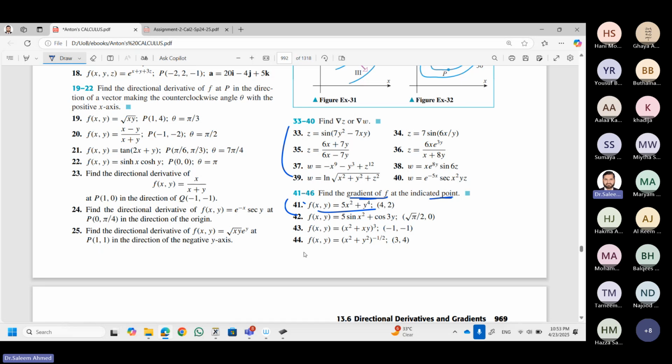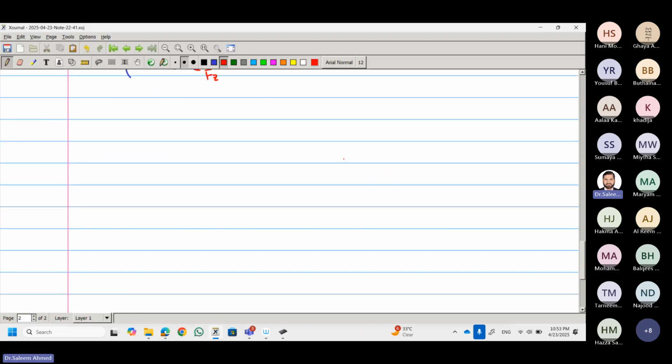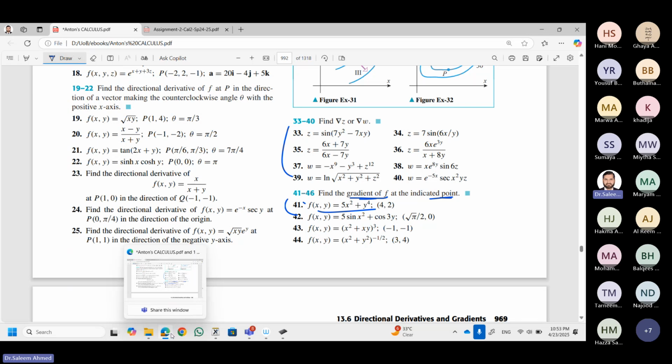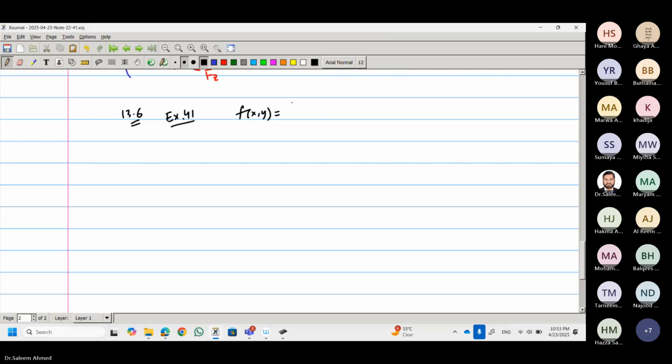So basically, I need to find, let's say, f(x, y) is 5x squared plus y to the fourth, and the point is (4, 2).